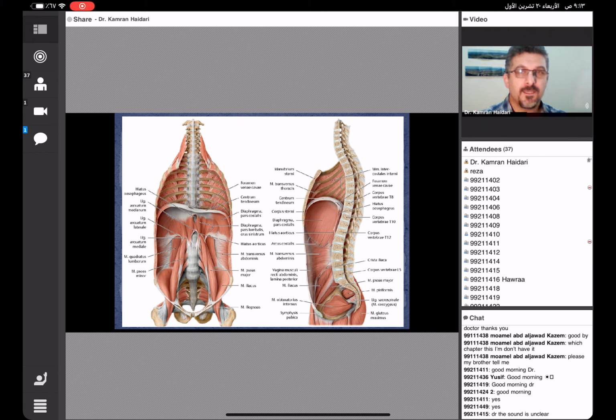All the muscular fibers from adjacent areas converge and end at the central tendon of the diaphragm. The Latin name is centrum tendineum, and the English name is the central tendon.